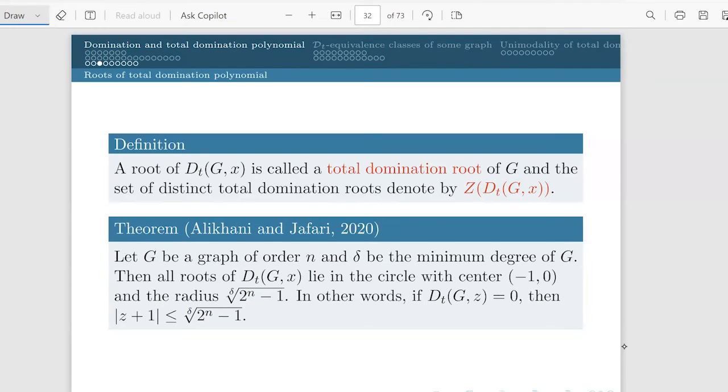We denote the set of all roots of the total domination polynomial of G by Z(D_T(G,x)). We have this theorem that if G is a graph of order n with minimum degree delta, then all roots of this polynomial are in the circle with center -1 and 0.